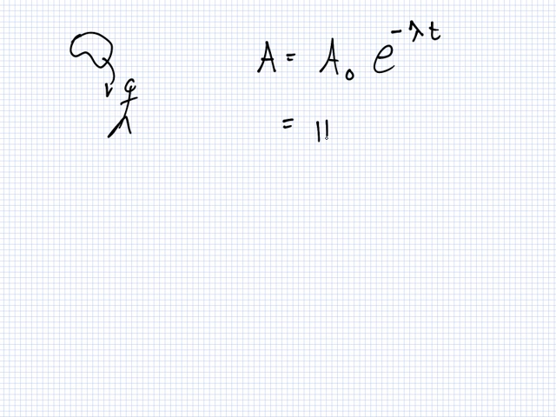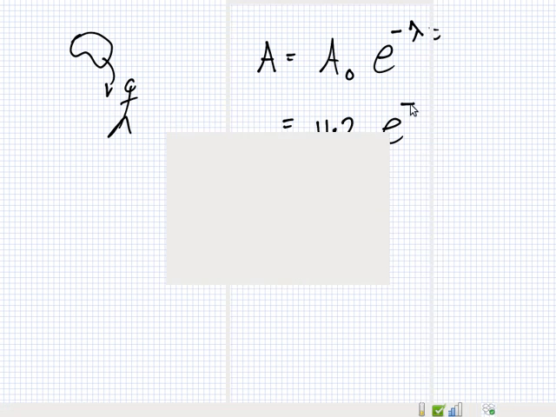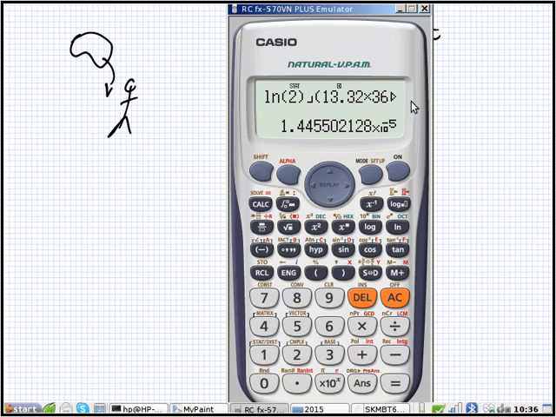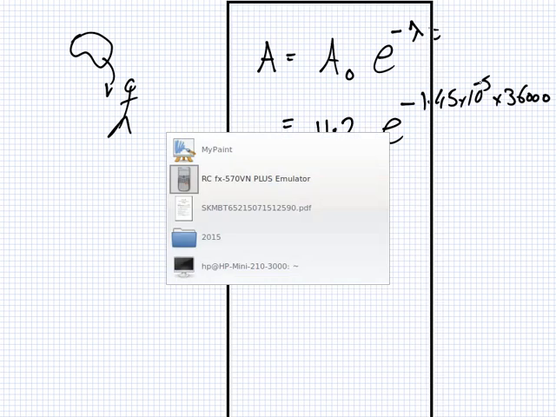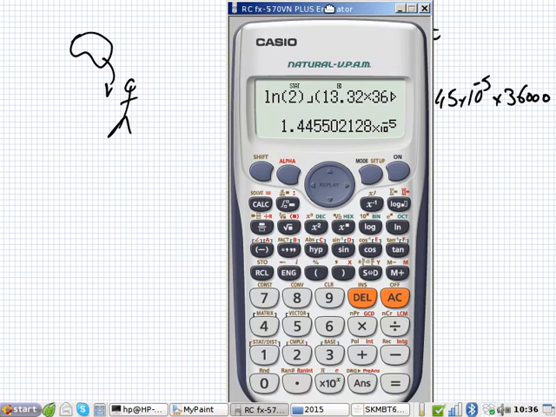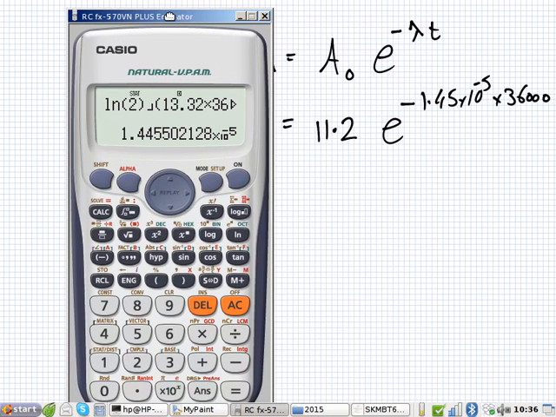No, it is. 11.2 mega. And then the lambda we have here as well as 1.45 times 10 to the minus 5, times 10 hours, which is 36000. Lambda, thank you. And 10 hours. Yeah, that's 36000 seconds.